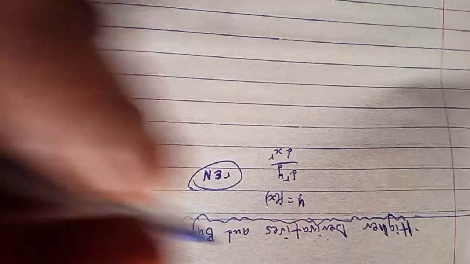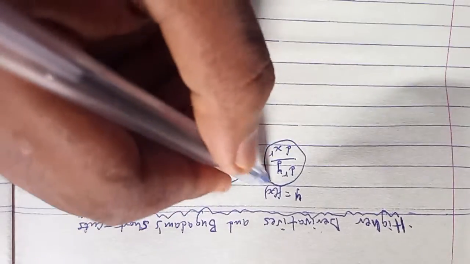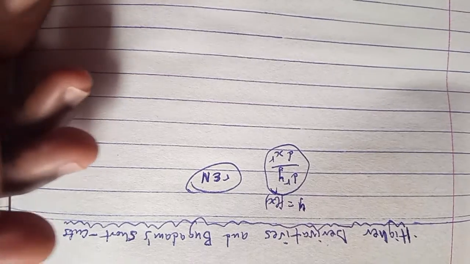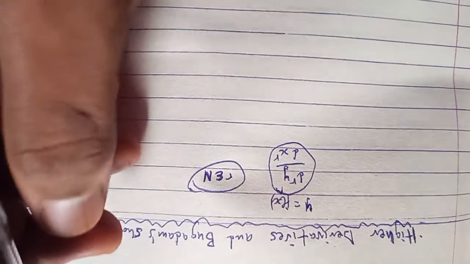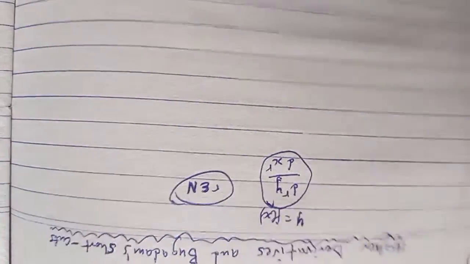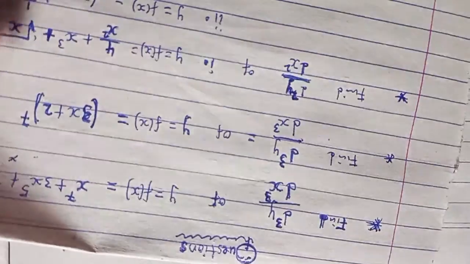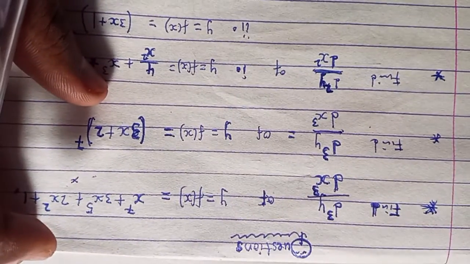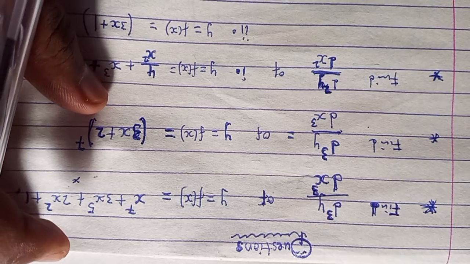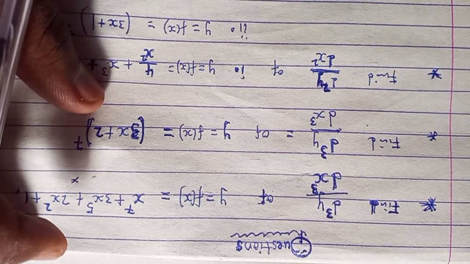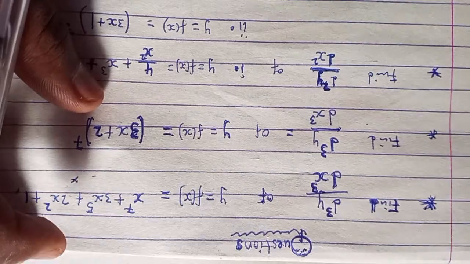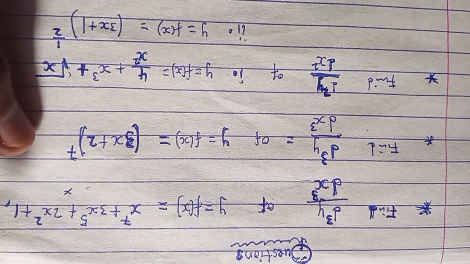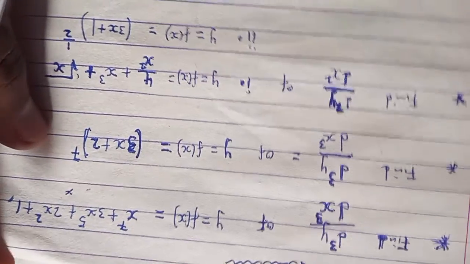Have you seen that? So now let's quickly solve some examples so that you get to know what I'm really talking about. I have with me some few questions here. Guys, here are the questions. Question one says: find the third derivative d^3y/dx^3 of y is equal to f of x is equal to x power 7 plus 3x power 5 plus 2x squared plus 1.